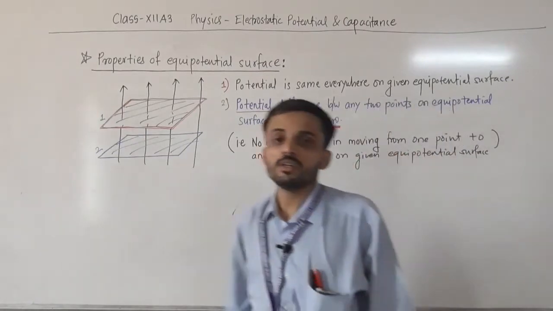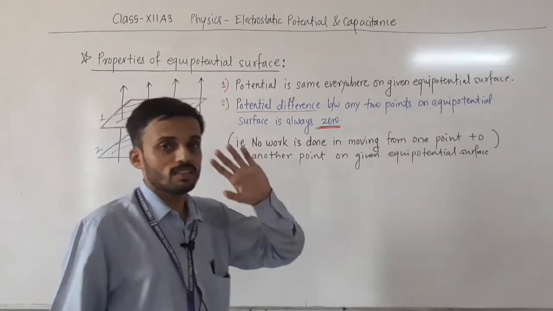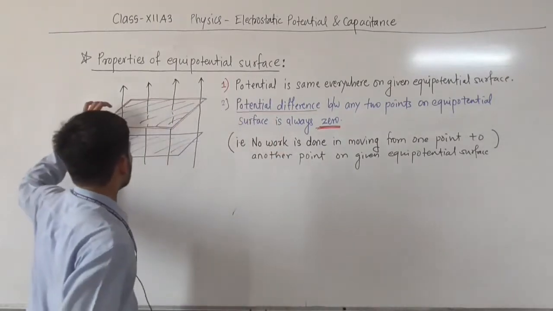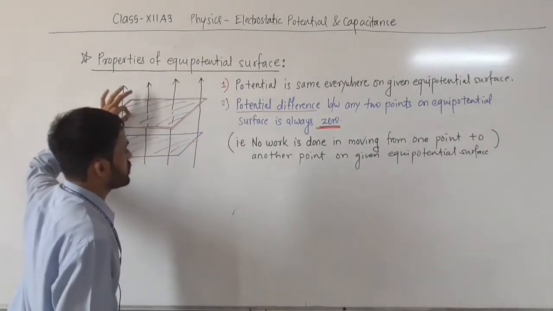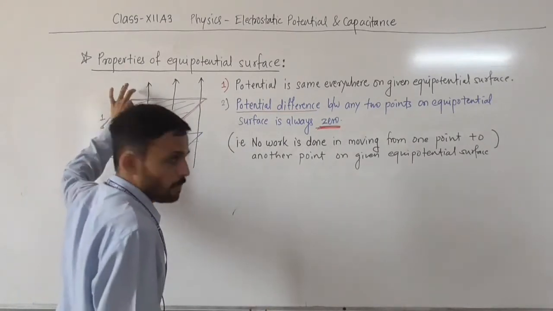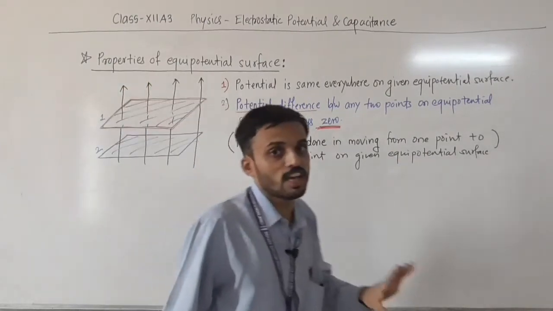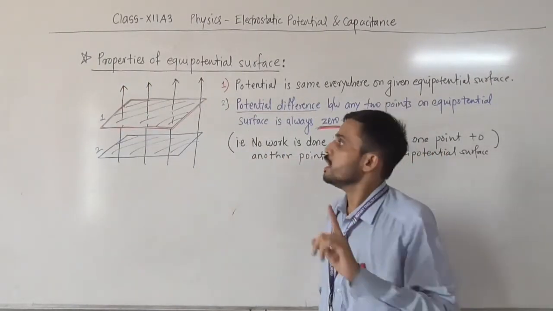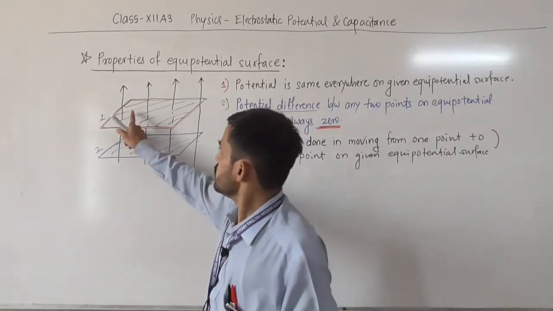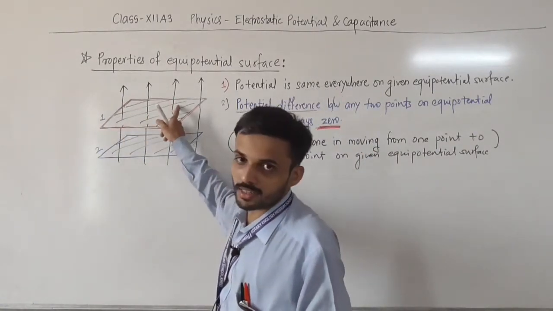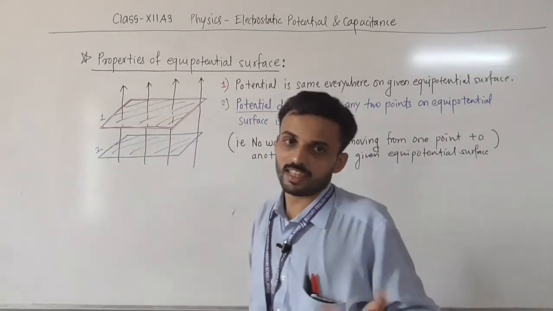So, what is the meaning of that? If suppose I want to go from here to here, if there is a charge which has to be placed from here to here, then what is required? We will first calculate what is the potential at that point, then what is the potential at this point, and the potential energy at each point.